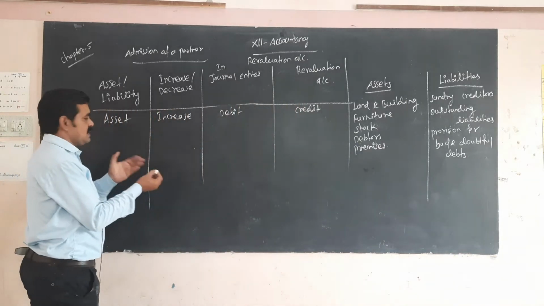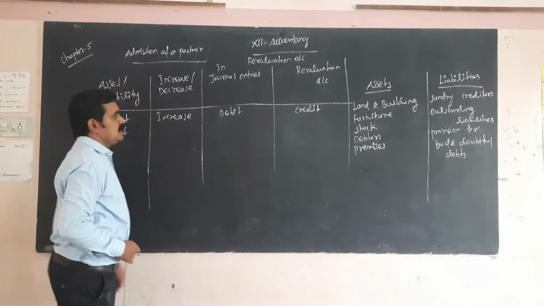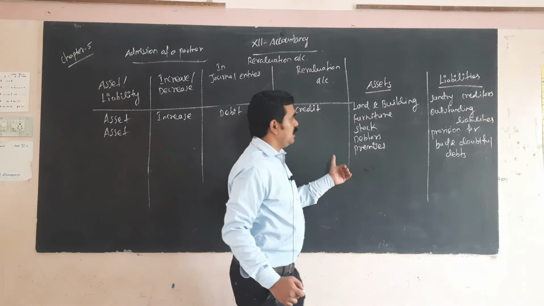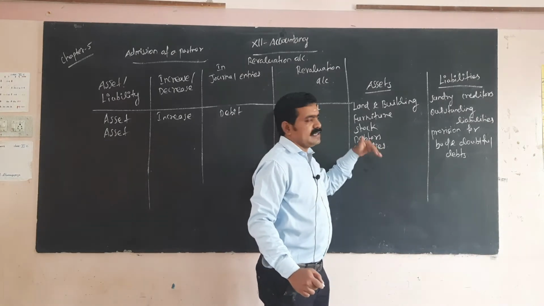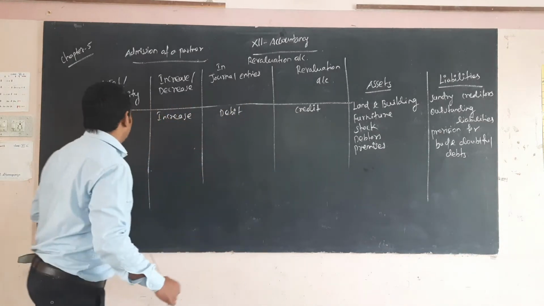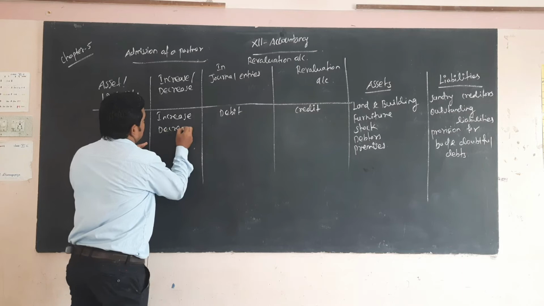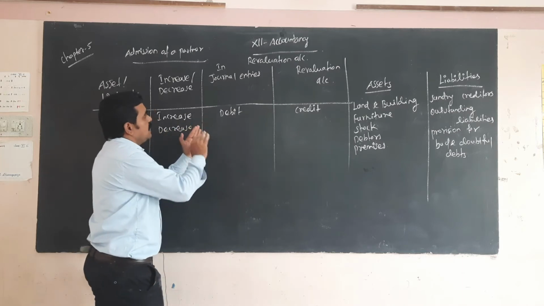In case assets are decreased, so land and building is decreased, or furniture is decreased, stock also decreased, the decreased amount comes under the credit side in the journal entry.